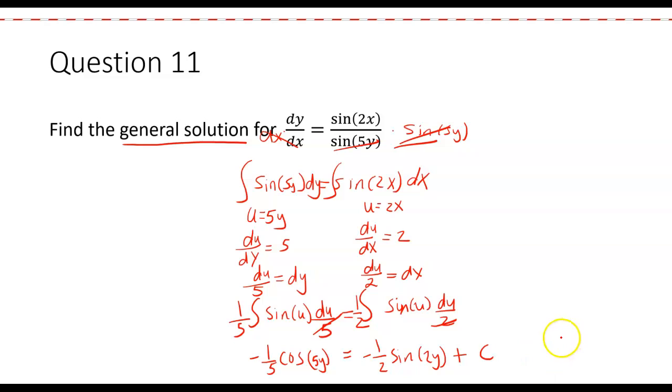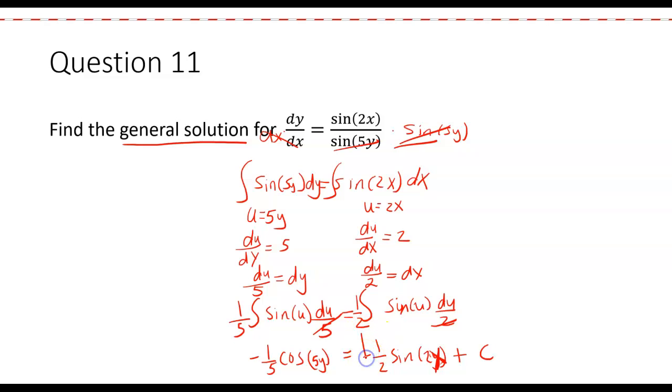Another little interesting twist and turn here is that they're going to want you to set it up a little bit differently. This is typically where we would just stop unless they wanted you to get y by itself, which would be pretty hard to do. Well, actually it wouldn't be too bad, but notice how they have the answer choices set up here.